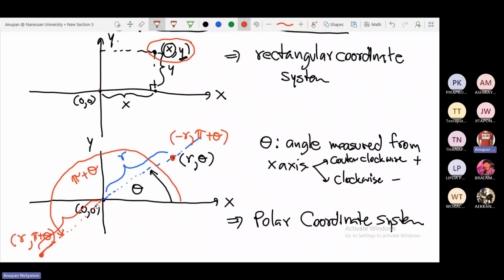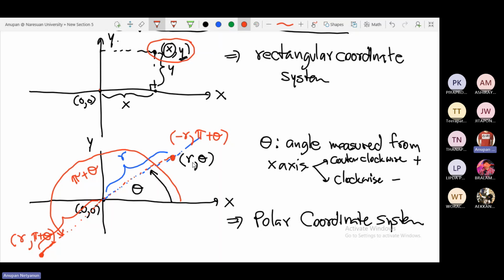But if I walk negative r unit, it means I walk the opposite side of this angle. So I'm going to be on this side here, and r unit is over here. So this is another name of this point. See, in polar coordinate, you can have more than one name for a point. Okay.